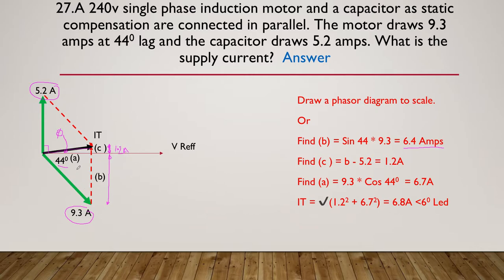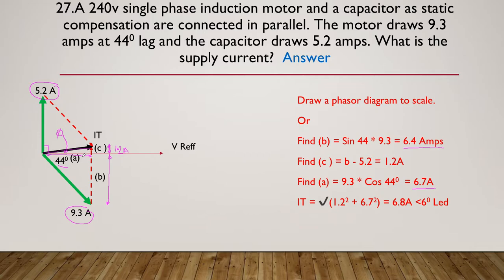Next we can calculate the length of A, which is this one in here. This is our length A. And again, it's just around this triangle. So we can use cos. We know that one side of the triangle, the hypotenuse, is 9.3, the angle's at 44, so it doesn't take much to work out that the length of A is 6.7.